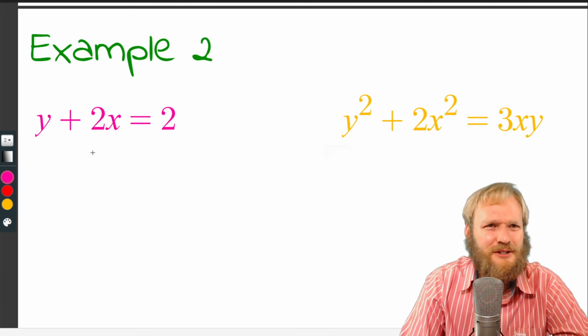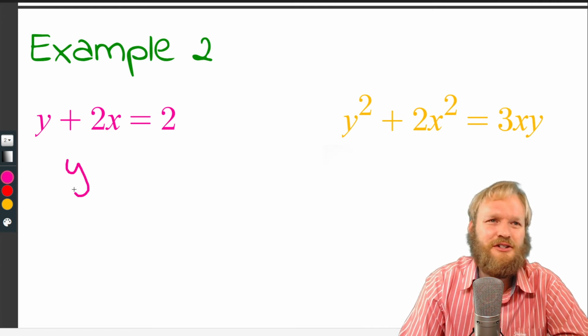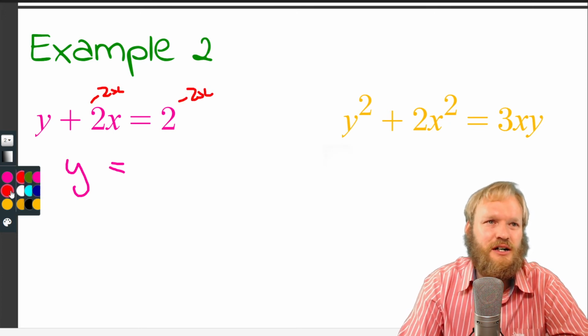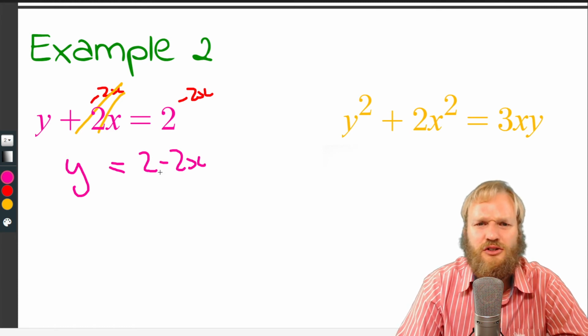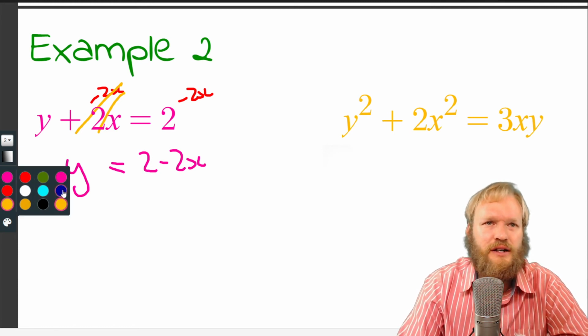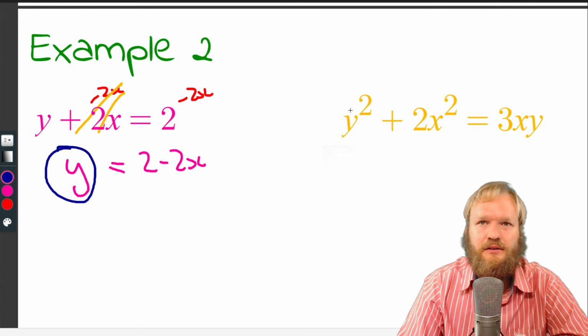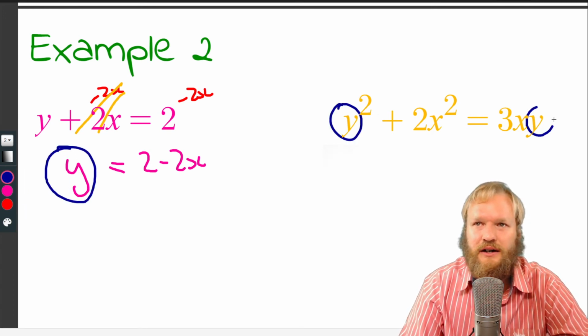But what sticks out to me as a way of doing this is to write this as y equals something. So let's subtract 2x from each side so that's just 0. And therefore on this side we've got 2 minus 2x, or minus 2x plus 2. Now this y must be the same as this y here.